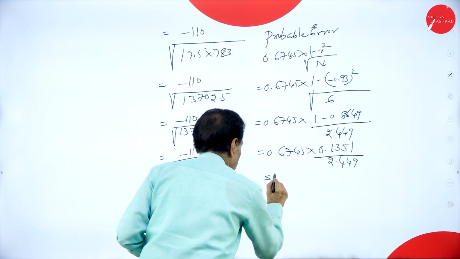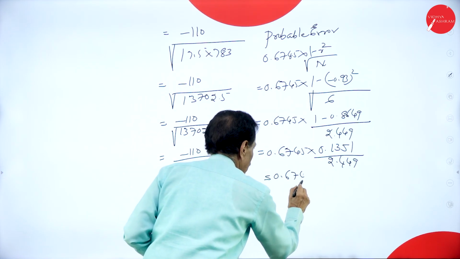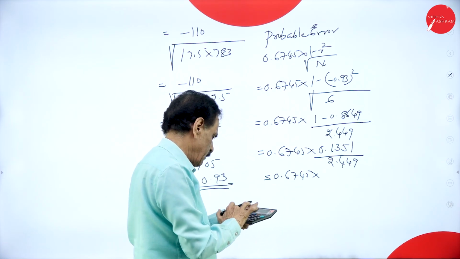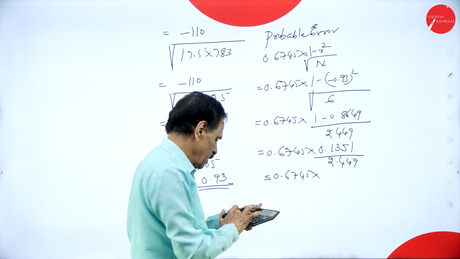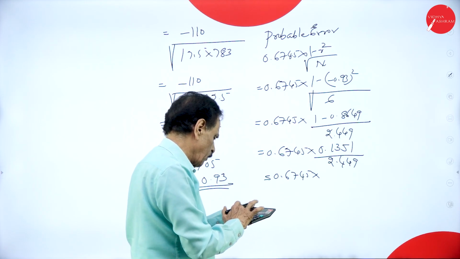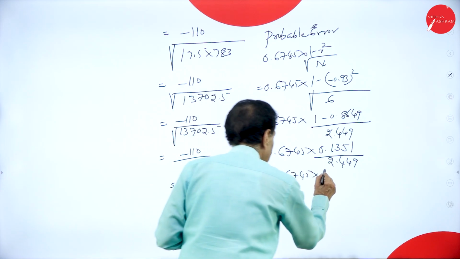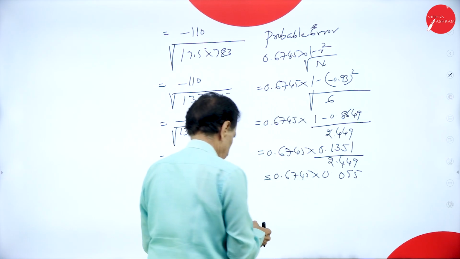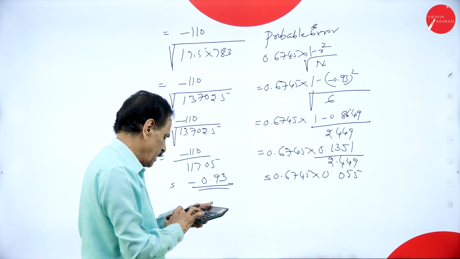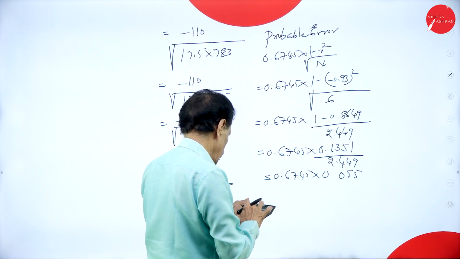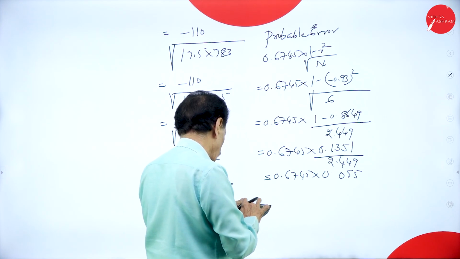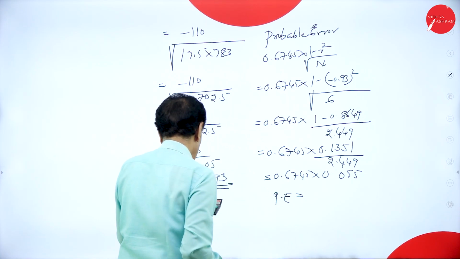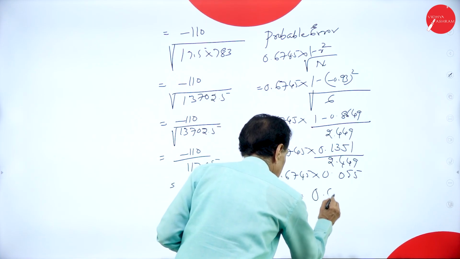This is 0.6745 into 0.1351 divided by 2.449, 0.055. Multiply 0.055 into 0.6745, 0.03. Probable error 0.037.